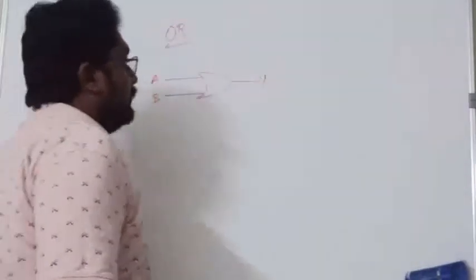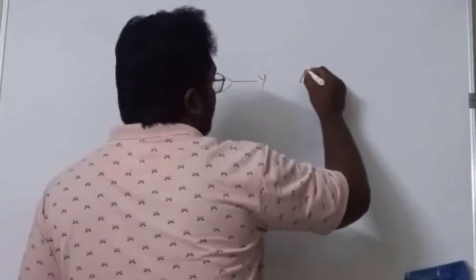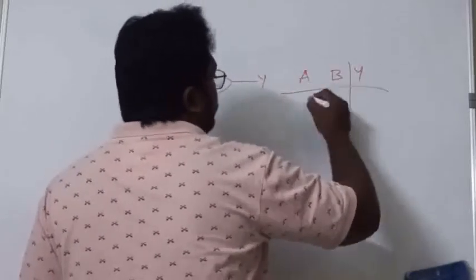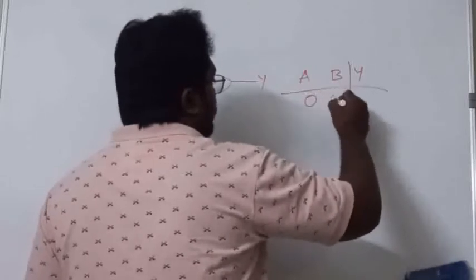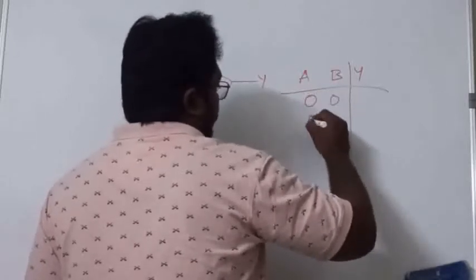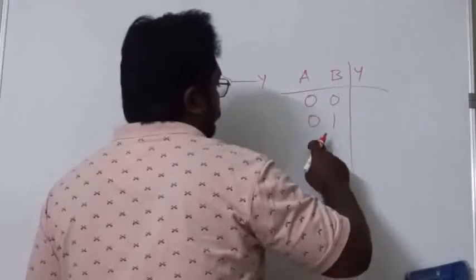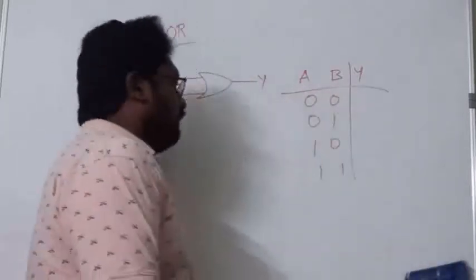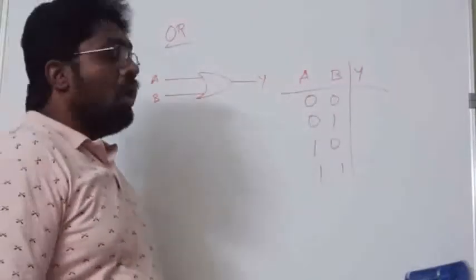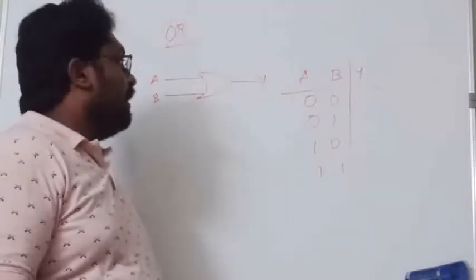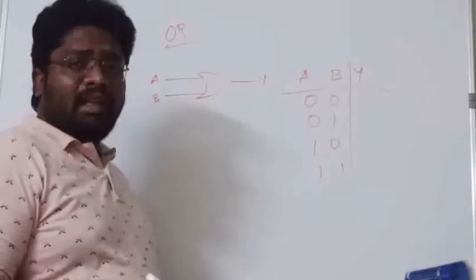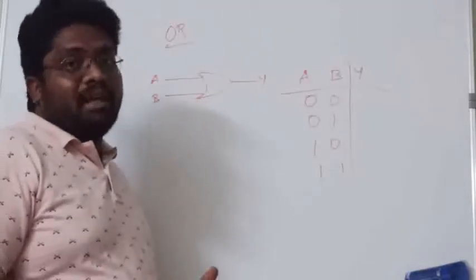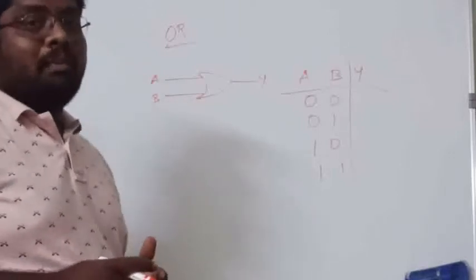So the truth table for this OR gate is A, B, Y. So here also I am having two inputs, so I will be having four possibilities. 0 0, 0 1, 1 0, 1 1. So coming to the OR gate operation, if any input is high, then the output will become high.